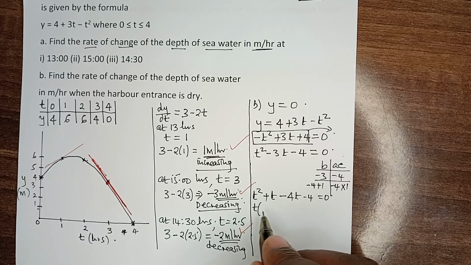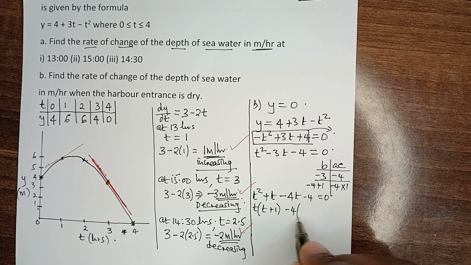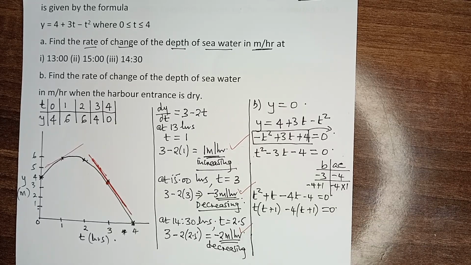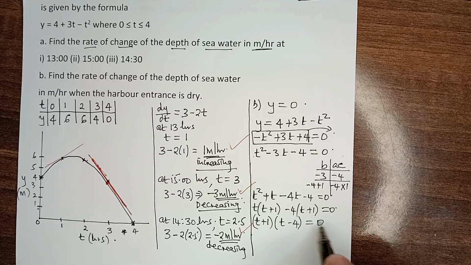Factorize t outside. In the bracket we have t plus 1, minus 4 times t plus 1, equal to 0. In this case we have two brackets, t plus 1 and t minus 4, giving us 0.